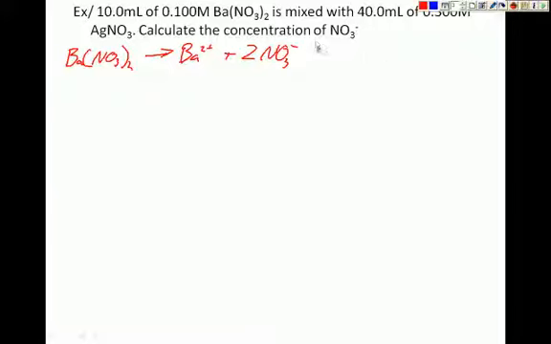Okay, and the other formula that we're going to be dealing with is silver nitrate. So silver nitrate, AgNO3, is going to dissociate and make silver ions and nitrate ions.